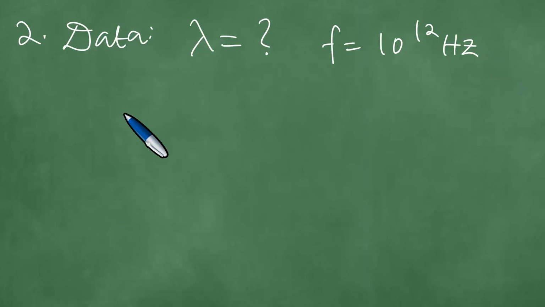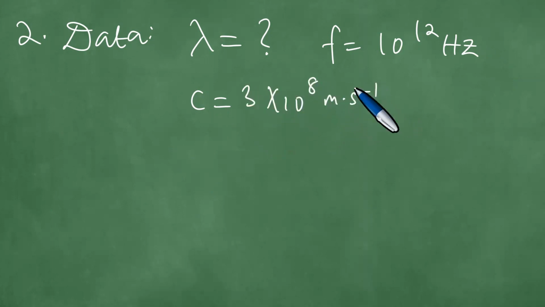Right, so now we are interested in, but we know the speed of light in vacuum, which is 3 times 10 to the 8th power meters per second.